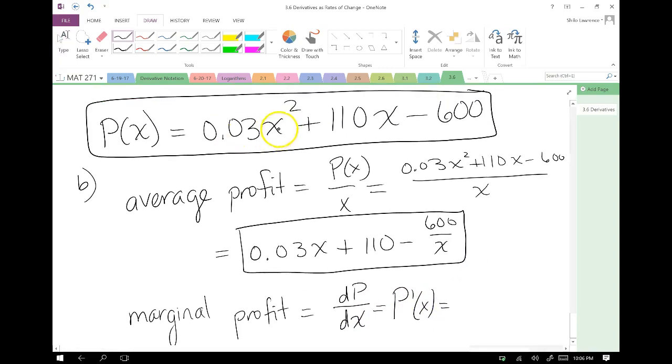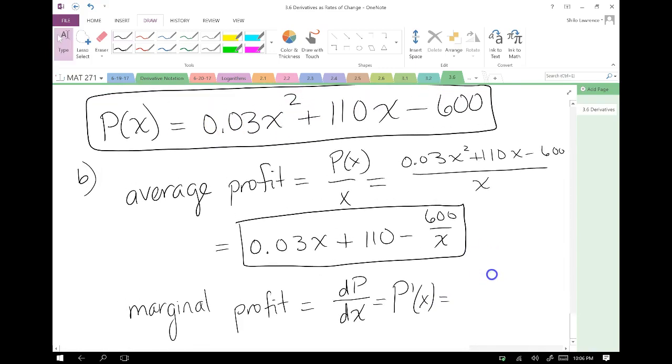So here's our original P. We just need to go through and take the derivative. So just do the power rule. We get 0.06x plus 110. That is our marginal profit.